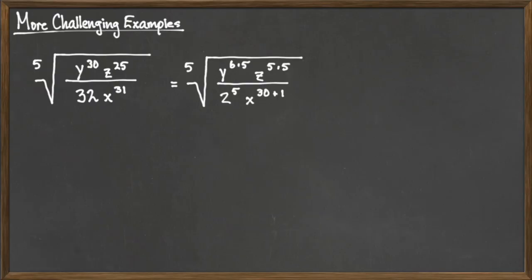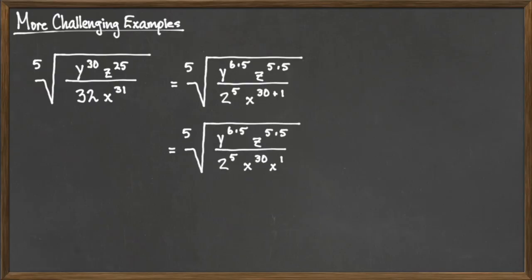Again, I'm trying to reveal every possible multiple of 5 in the exponents, even if it means I need to additively break up numbers, like writing 31 as 30 plus 1. Let me take that x to the 30 plus 1 and split it down the middle so I can rewrite it as x to the 30 times x to the 1st. This action is just letting me separate the terms whose exponents are multiples of 5 from the terms whose exponents aren't multiples of 5.